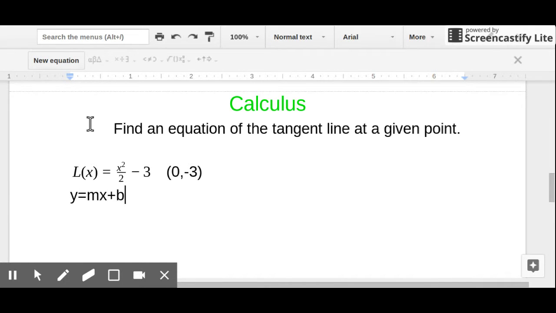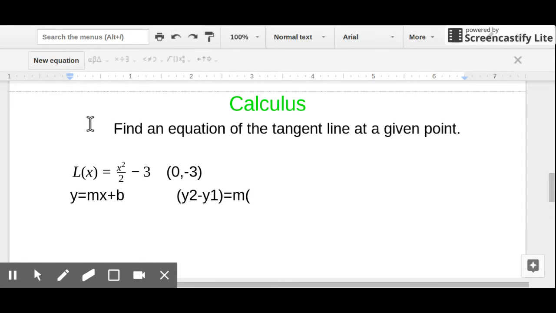Remember I said there was a couple ways. This is the point slope form. Then you have y2 minus y1 is equal to x2 minus x1, that's for finding the slope.